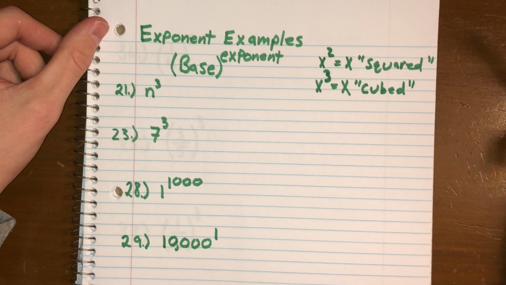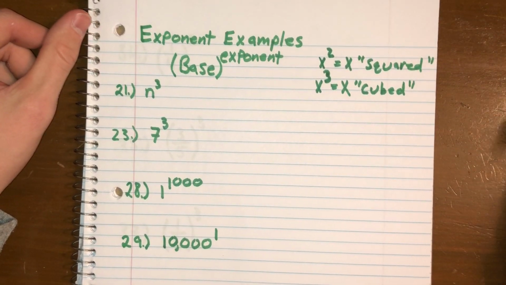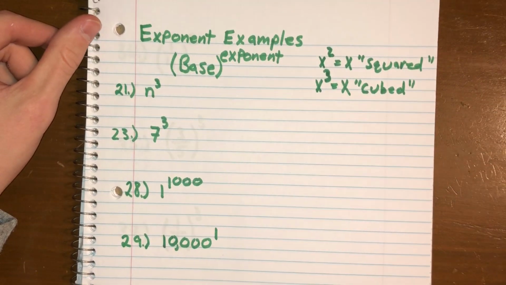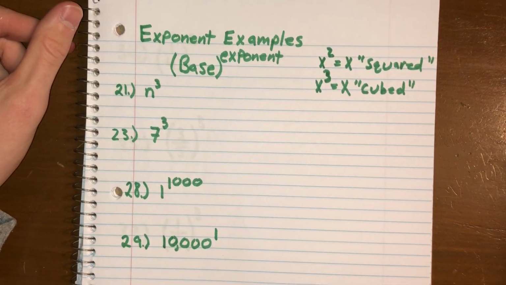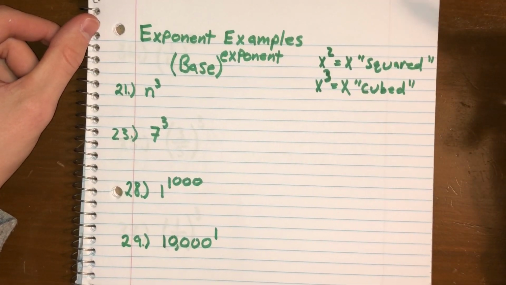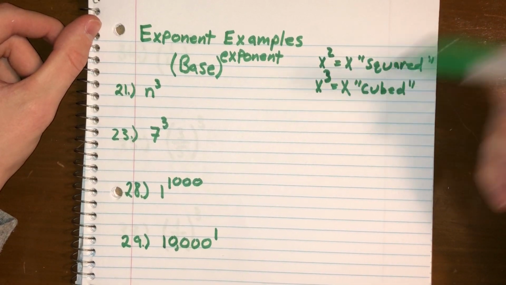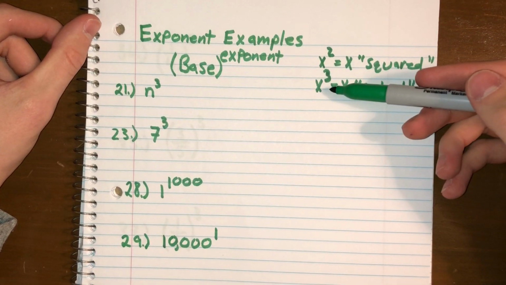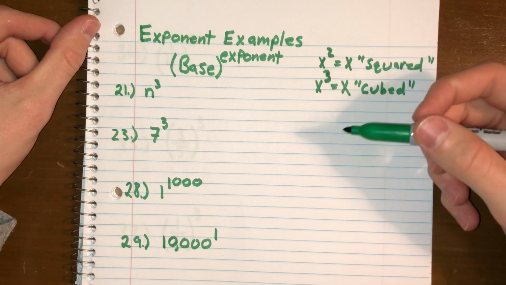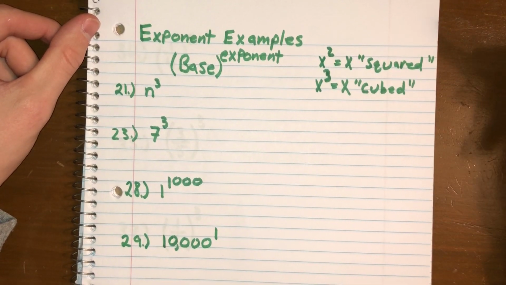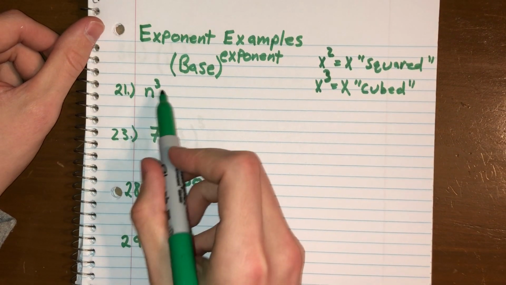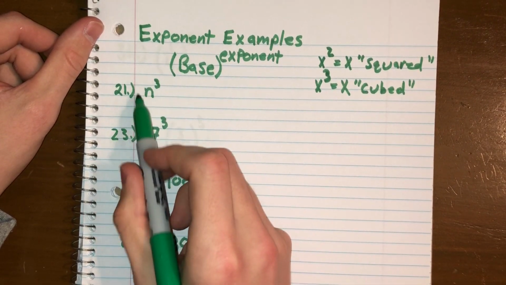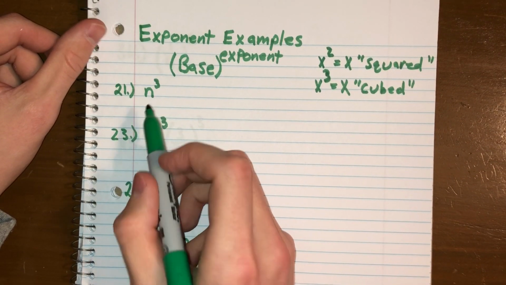That's just a little terminology they like to throw around. It could confuse some beginners or students that aren't grasping the concept right away. That's all that means. And typically, once you get past 3, it'll just be like x to the 4th power, x to the 5th power, and so on. So let's just get into what this is actually saying here, n to the power of 3.